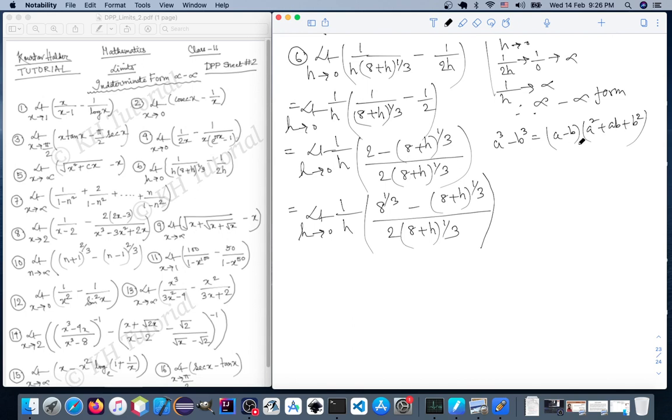So we would like to substitute a minus b with a cube minus b cube divided by a square plus ab plus b square. This implies a minus b equals a cube minus b cube divided by a square plus ab plus b square. We would like to use this formula in the limit, where a in our case is 8 and b is 8 plus h.